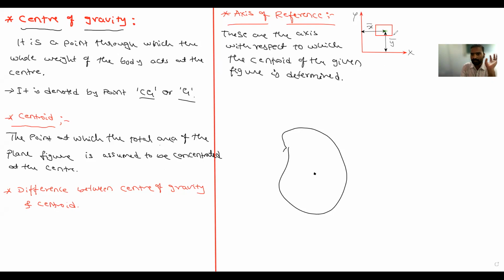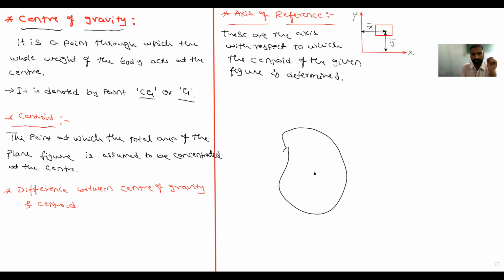So in this figure, this is x-axis and this is y-axis. This is the centroid of this rectangle. So I am denoting this centroid with respect to x-axis and y-axis. Hence, these axes, x-axis and y-axis, are called reference axis.